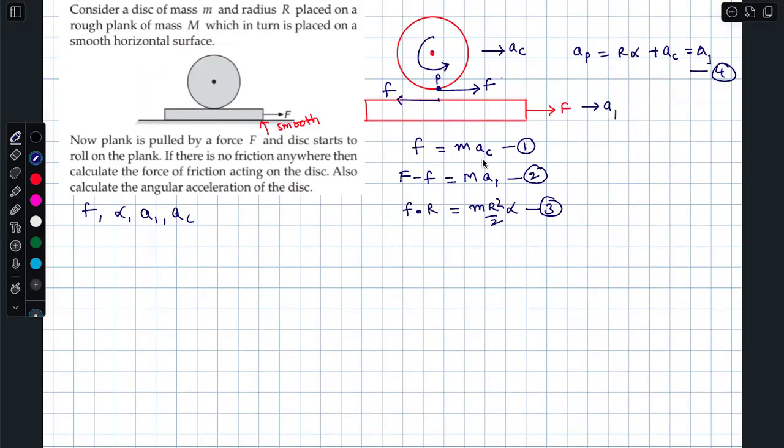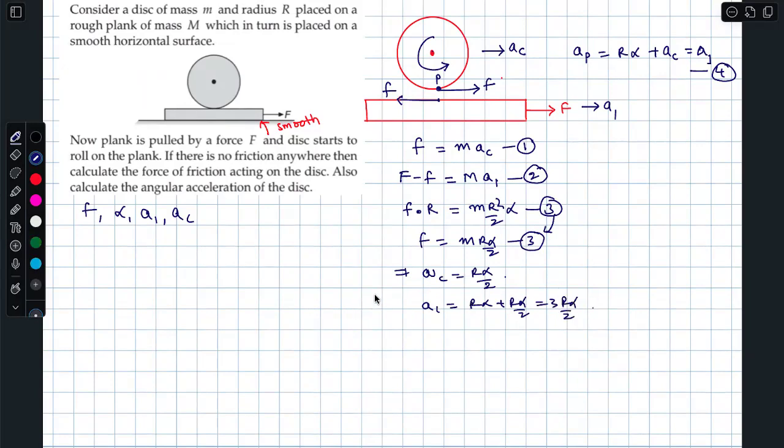Unknowns are there, right? F is equal to MAC, and from this, F is equal to the same as equation 3, so which implies AC is R alpha by 2. Which implies A1 is R alpha plus R alpha by 2, 3R alpha by 2.